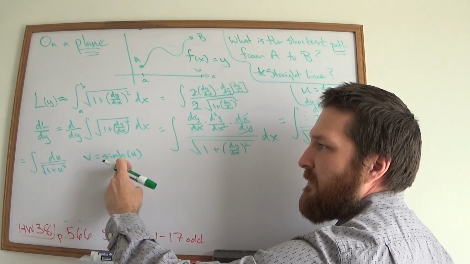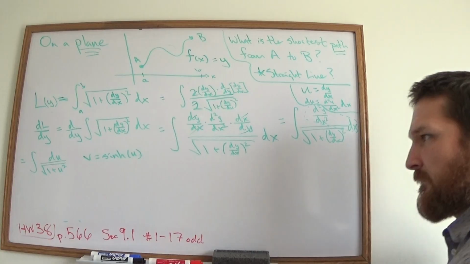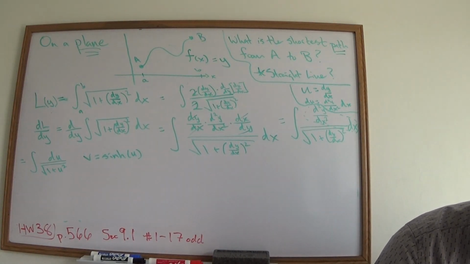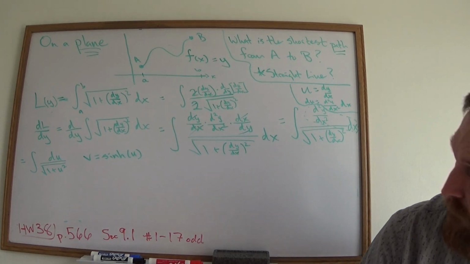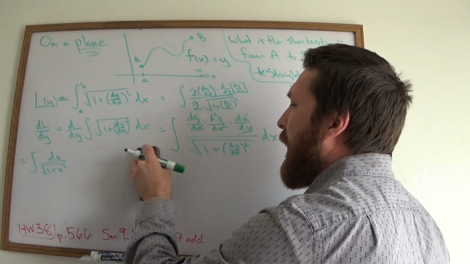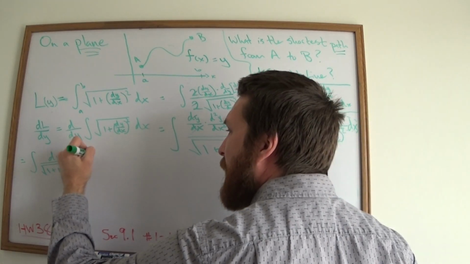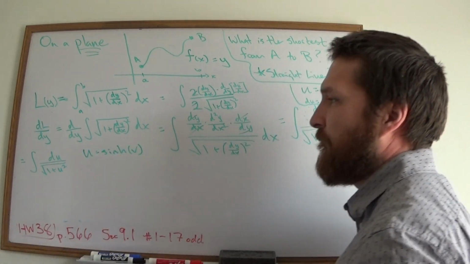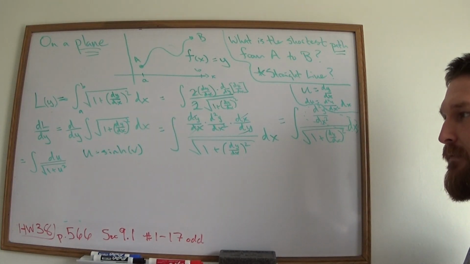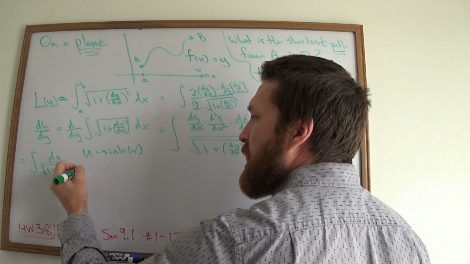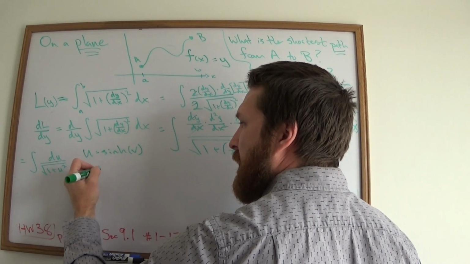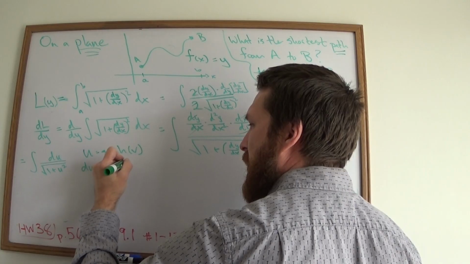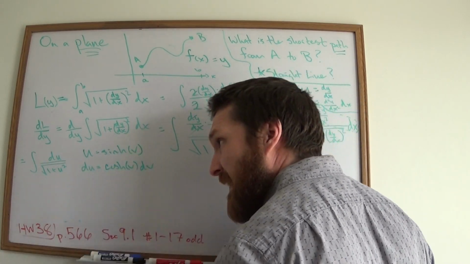Wait, no. Let u equal sinh v. There we go. So then what's du? What's the derivative of sinh? Cosh. So du is cosh v dv.